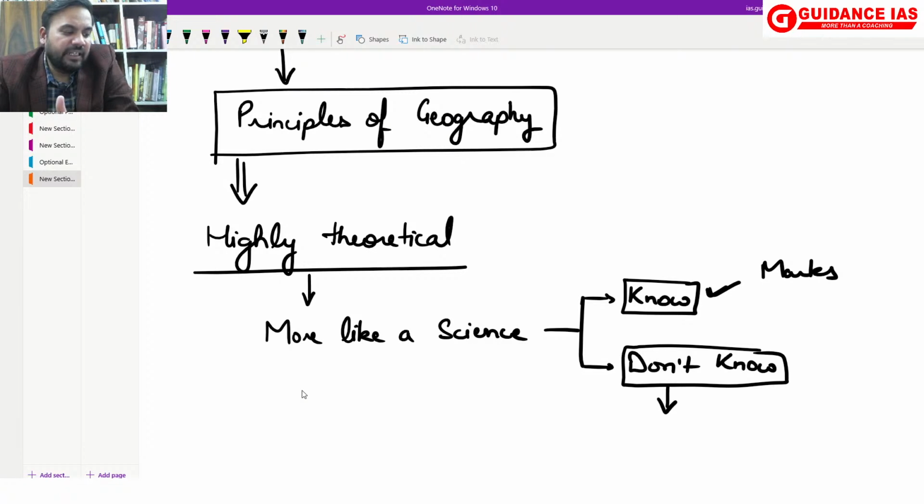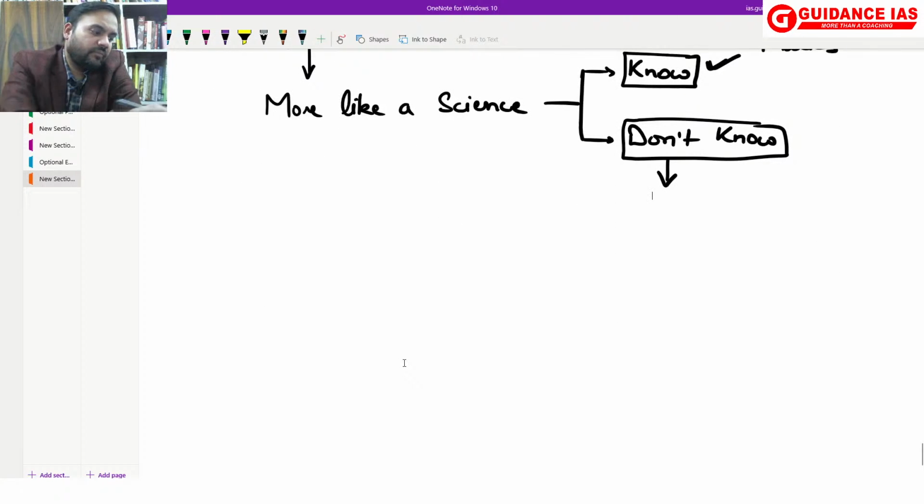So that is what I am saying here. It is all about what? Knowing and memorizing. So if you ask me, paper 1 is all about memorization.